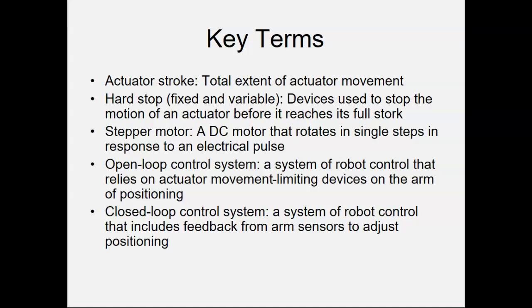There's a certain part of the teach pendant that will pull up and show you where he currently is at every single joint. They're closed loop robots. They know where they're at. They know what they're doing. Open loop, not so much. Does that make sense to everybody? Kinda, sorta.